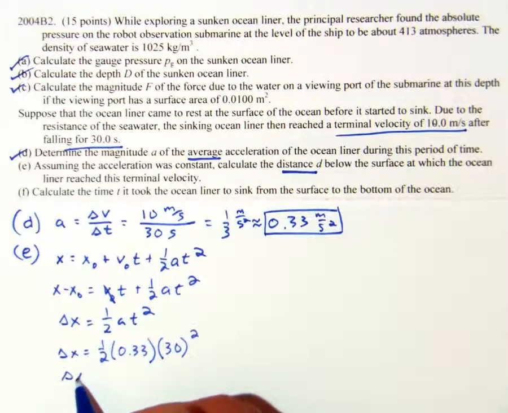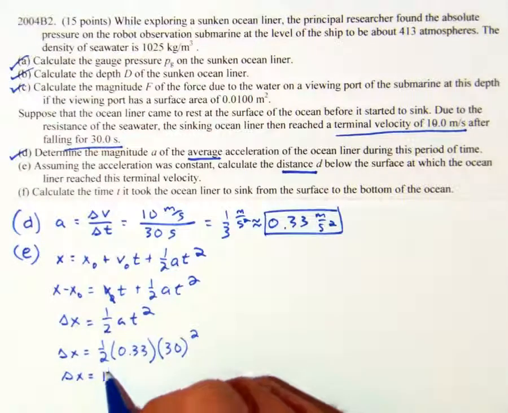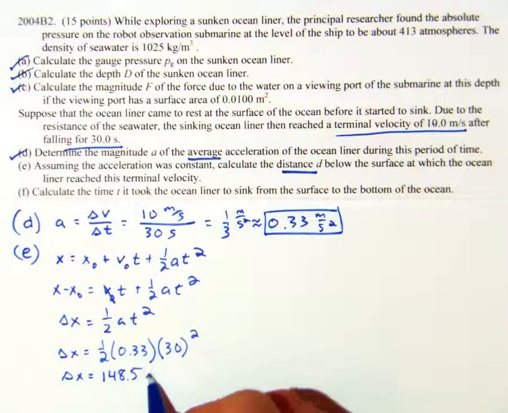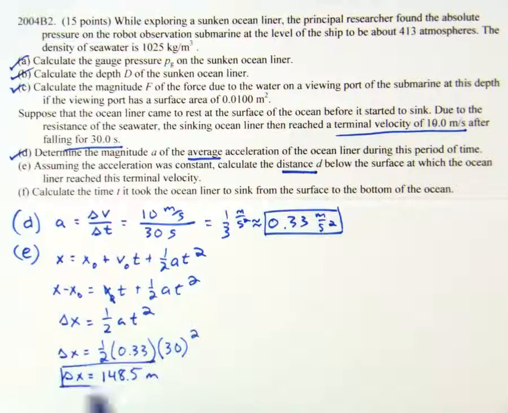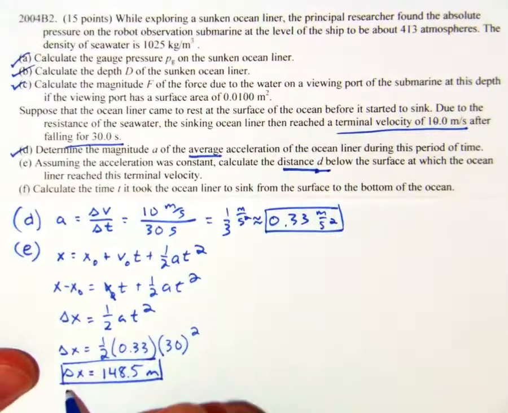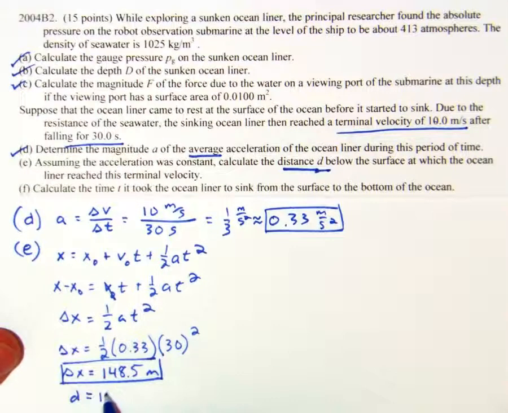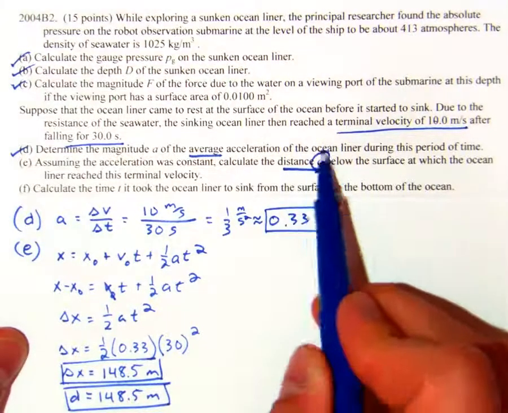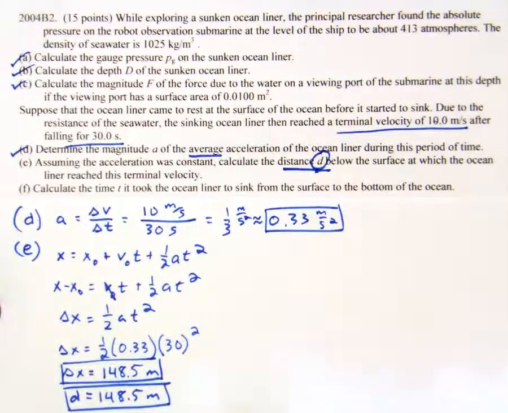And so my change in position is going to be, if I do my calculations correctly, 148.5 meters. Because it asked for determine the distance D, I'll say the distance D is 148.5 meters. I doubt they would take off a point on that in the AP exam, but it asks for D, so let's go ahead and indicate it as D.